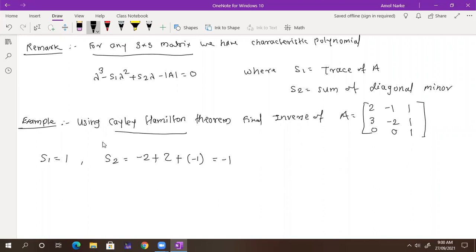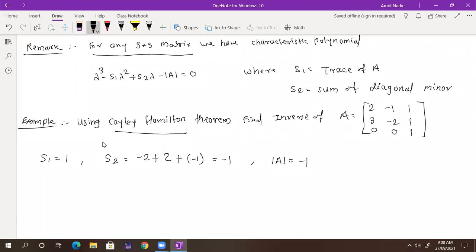Okay. And what about determinant of A? Check it out. Minus 1, I think it should come something like that. Minus 1, no?